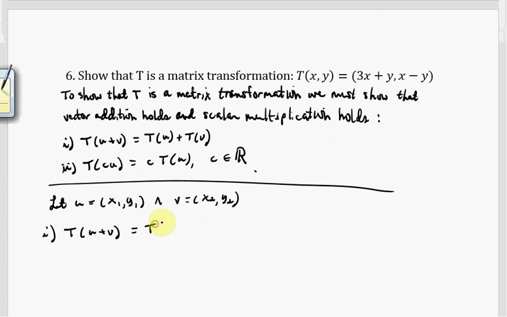This T of U plus V is, let's look at it. U is x sub 1, y sub 1, plus x sub 2, y sub 2. So this is T of x sub 1 plus x sub 2, comma, y sub 1 plus y sub 2.